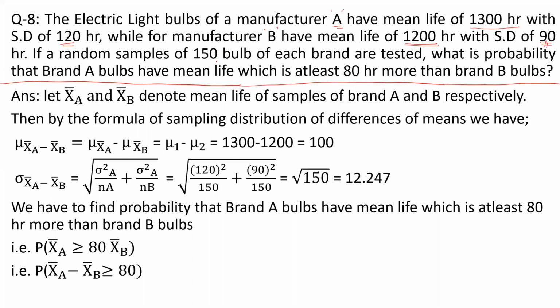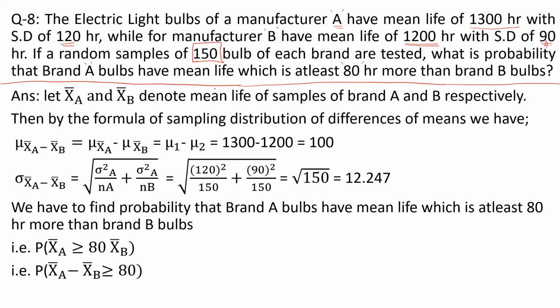So if a random sample of 150 bulbs each, meaning N1 and N2 both are 150 sample size, are tested, then we have to find what is the probability that brand A bulb has mean life which is at least 80 hours more than brand B bulb.